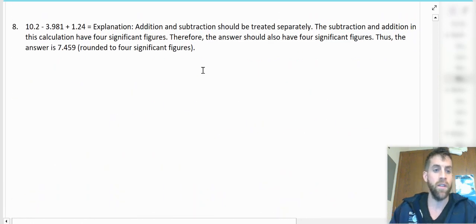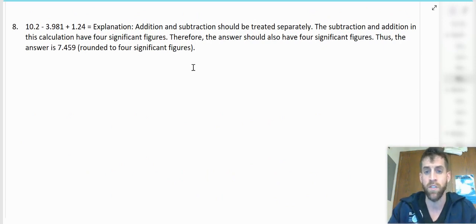So we have a 10.2 minus 3.981 plus 1.24. Our explanation here is addition and subtraction should be treated separately. The subtraction and addition in this calculation have four significant figures. Okay, well, the 3.981 does. Therefore, the answer should also have four significant figures, because we are dealing with addition and subtraction here.